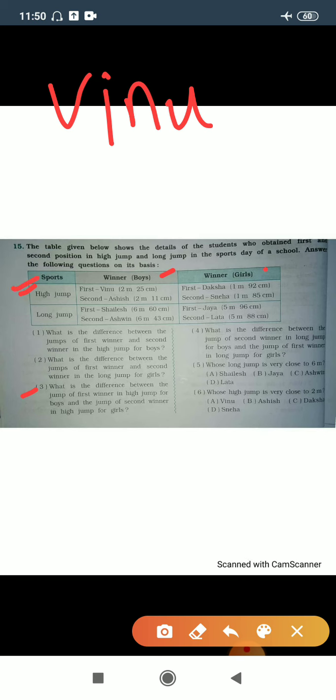Now high jump for girls, and we need to take the second winner, that means Sneha.